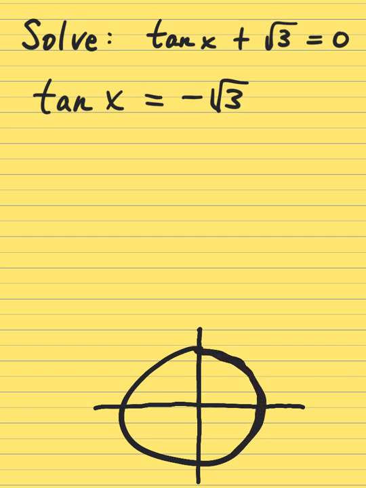Okay, so let's take the unit circle. The angles where tangent has a value of negative square root of 3 are these two, steeply sloped with a negative orientation. Now, one of these angles is 2 pi over 3.